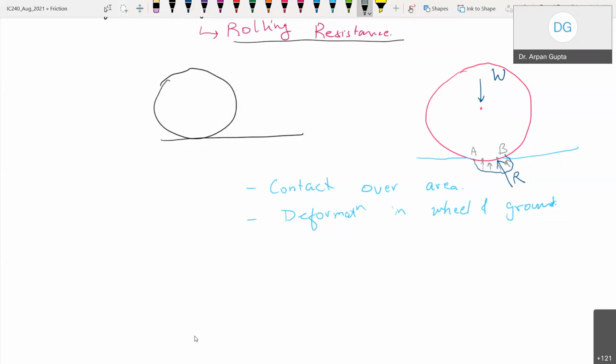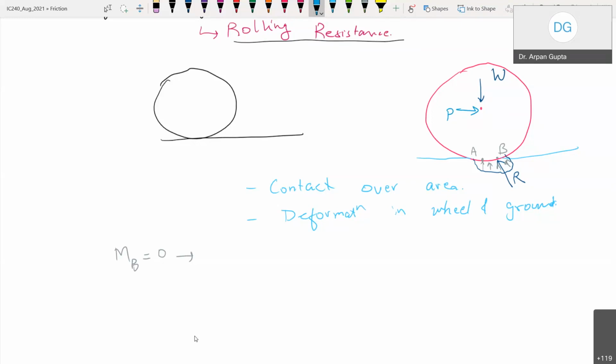Now we don't know what R is going to be, but if I balance moment about point B equal to 0, then we see that there is an unbalanced anti-clockwise moment about point B. To balance this, we have to apply an external force P here to create a clockwise moment.